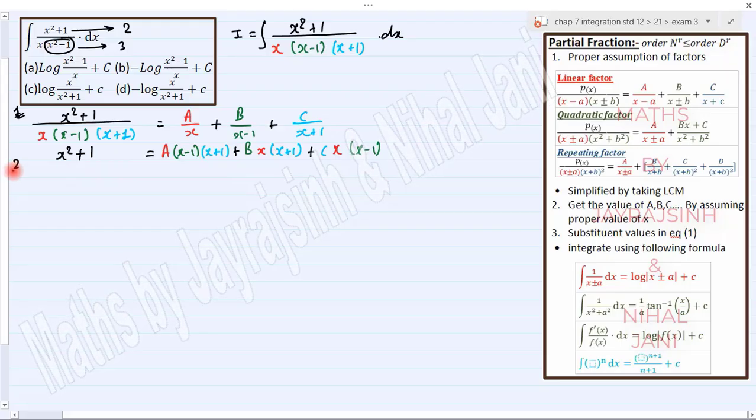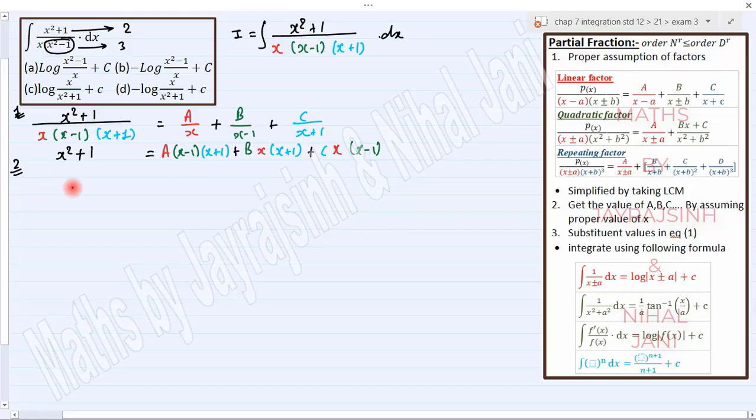Now let's try to take second step, in which we have to find the value of A, B and C by assuming proper value of x. To get the value of A, the common factor in the rest of the two terms is x. So we just have to take x is equal to 0.